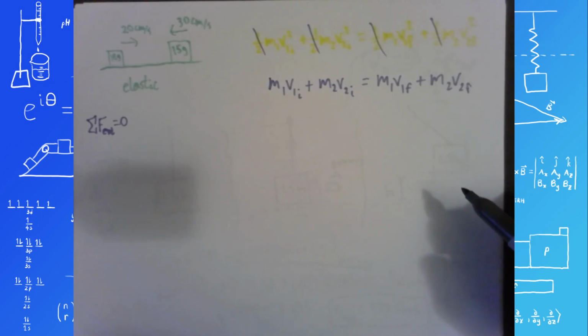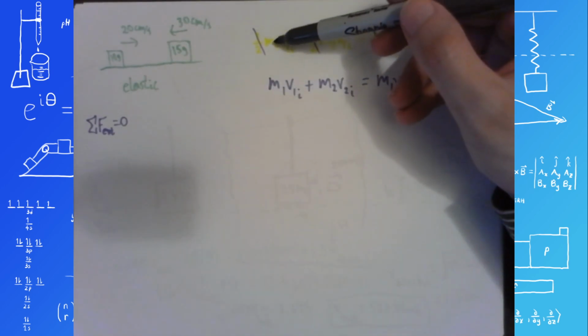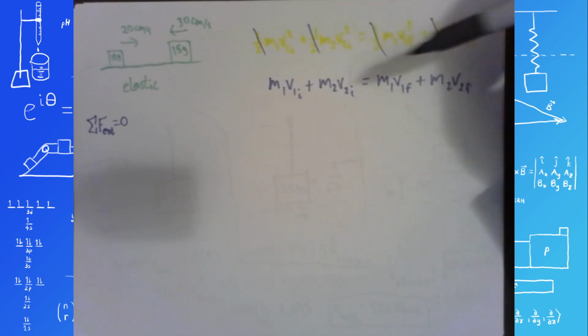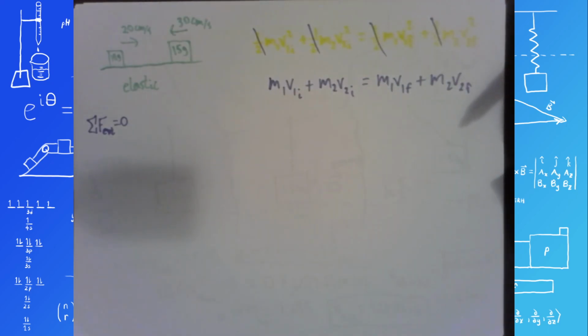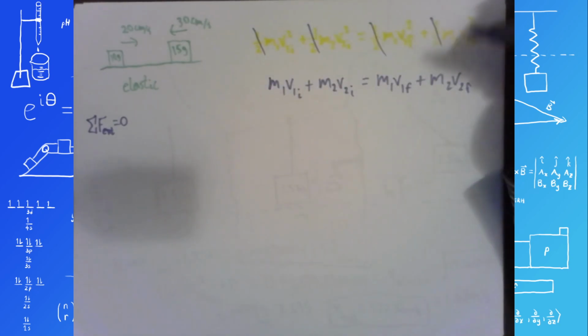First off, I want to group my terms by mass. So I want to get all of the m1 terms on the left and all of the m2 terms on the right, or vice versa. I'll do m1 on the left and m2 on the right.